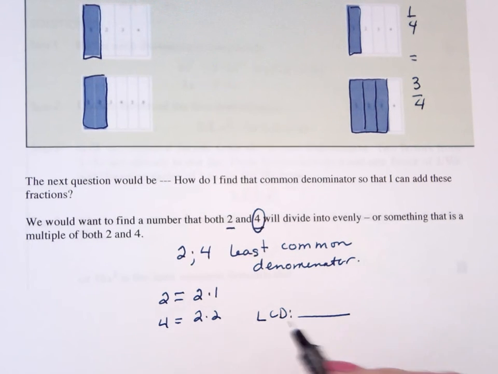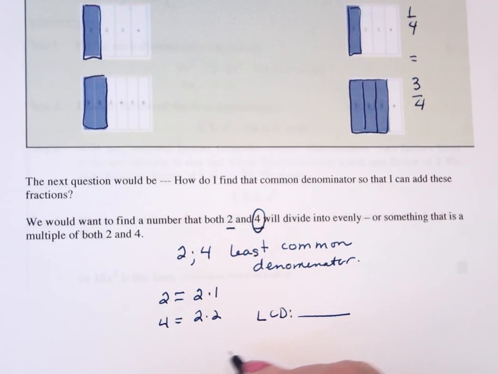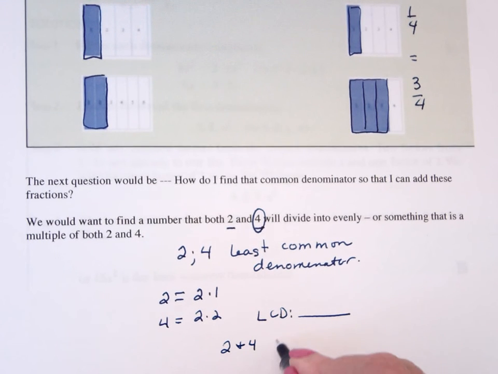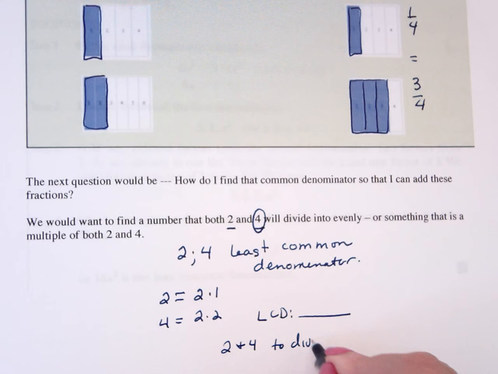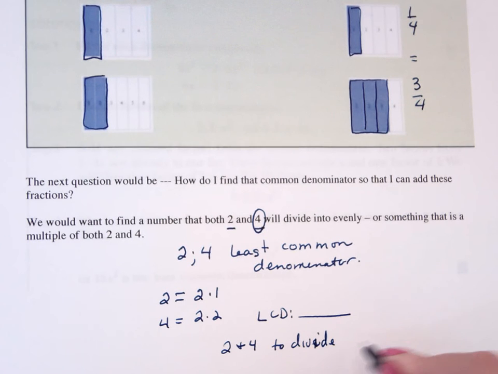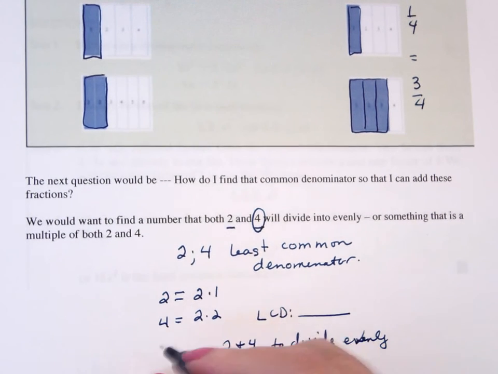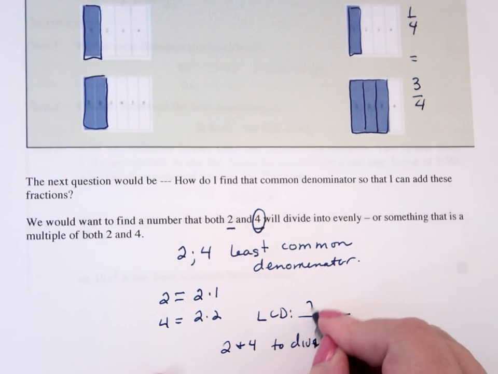I want a number that both 2 and 4 divide evenly. So I want 2 and 4 to divide, not dive, but divide, D-I-V-I-D-E, evenly. In order for 2 to divide, it must have a 2 in it.